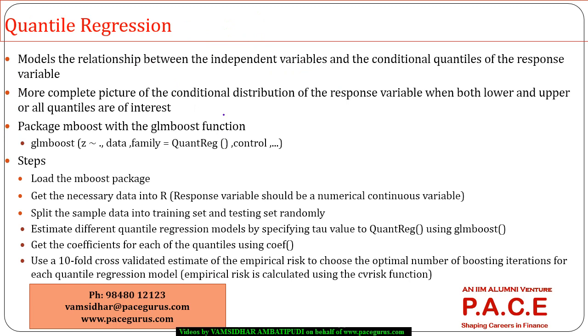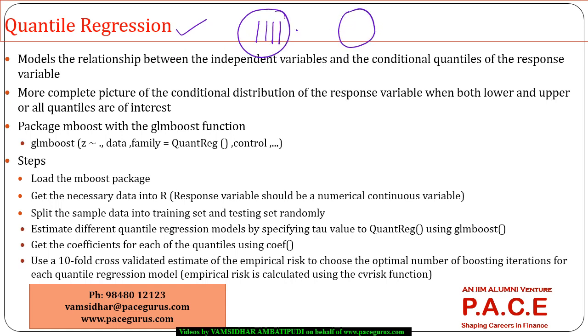Now, in this context, I am also looking at one more algorithm, which is the quantile regression, wherein, as we have done the quantile based versions earlier also in case of random forests, etc., we are trying to build the relationship between the independent variables that I am having and the response variable.